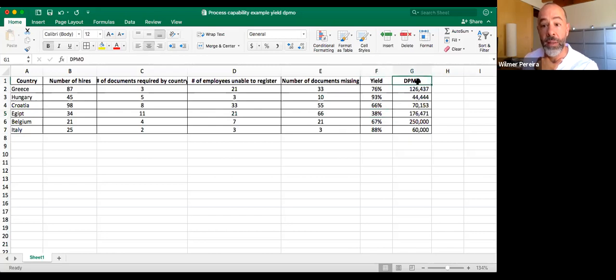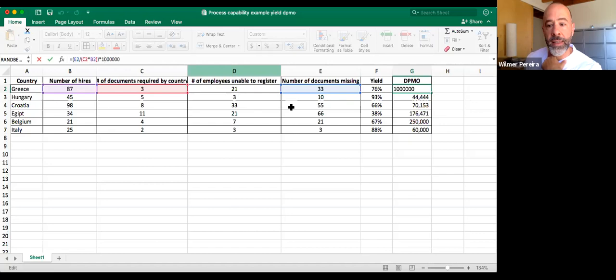Now, if we look at DPMO, it measures defects per million opportunities. If we click on the formula, we see that the numerator is E2, the number of documents missing. Defects in this example equal the number of documents missing.